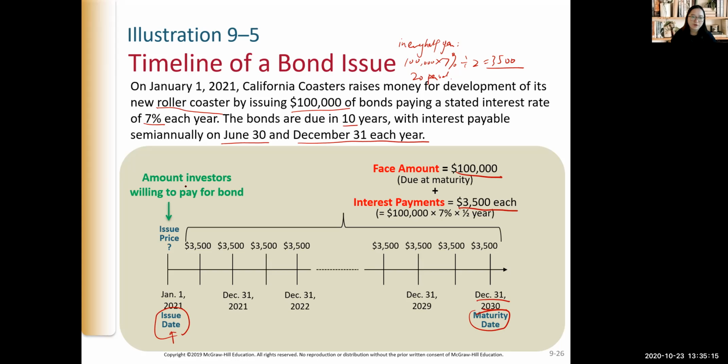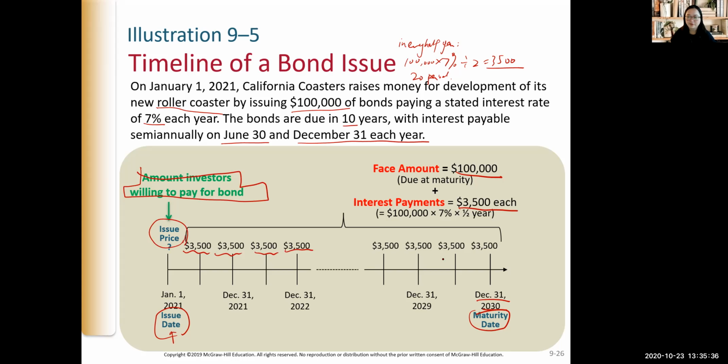Okay, so right now, in order to invest in this bond and get paid $3,500 each half year, how much should we deposit to the company? How much if they are borrowing from you, right?